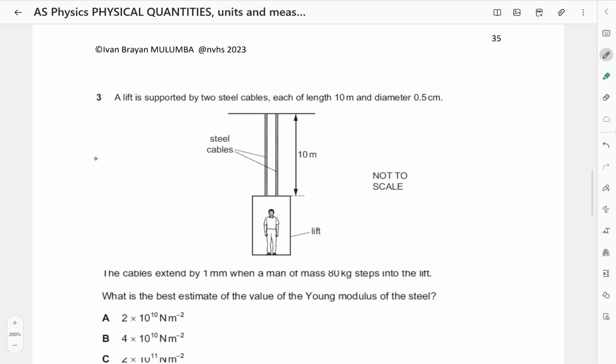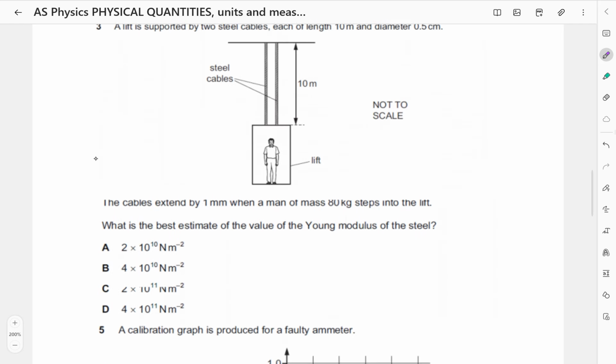A lift is supported by two steel cables, each of length 10 meters and diameter 0.5 centimeters. The cables extend by 1 millimeter when a man of mass 80 kilograms steps into the lift. What is the best estimate of the value of the Young modulus of the steel?